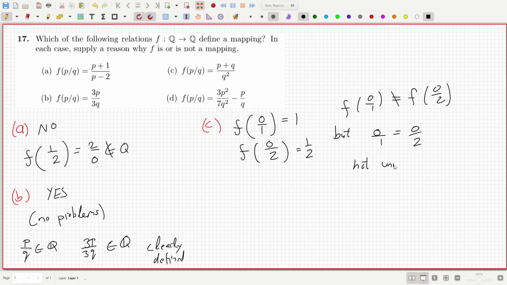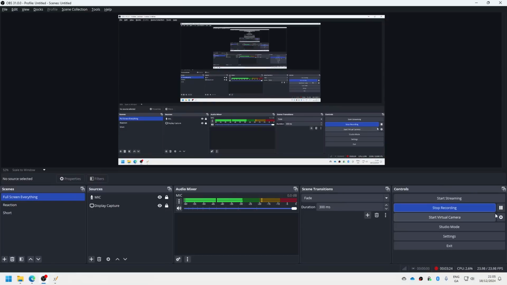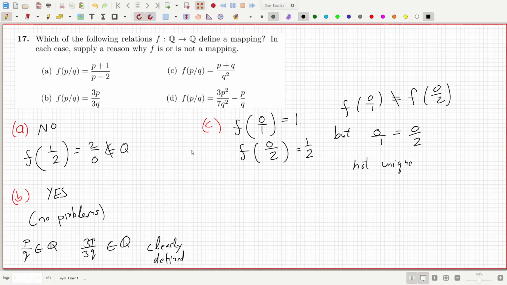That is assuming you're treating these fractions as being the same. I don't know, actually. Are we considering 0 over 1 and 0 over 2 as the same fraction? Yeah. I think these are really more like equivalence classes.